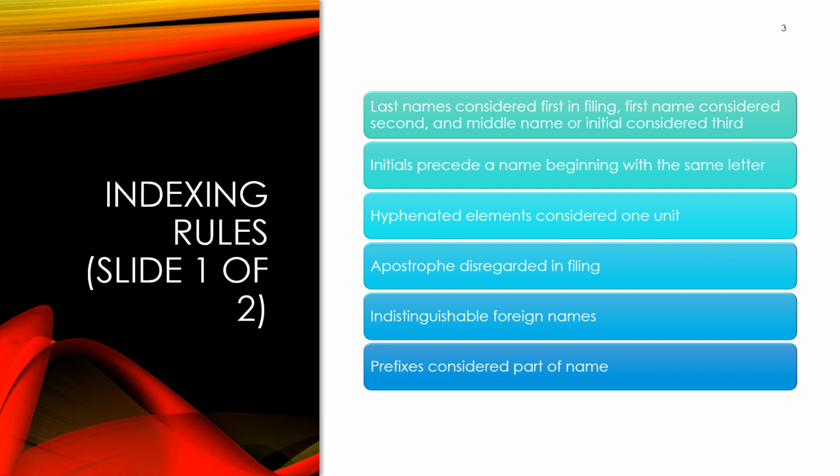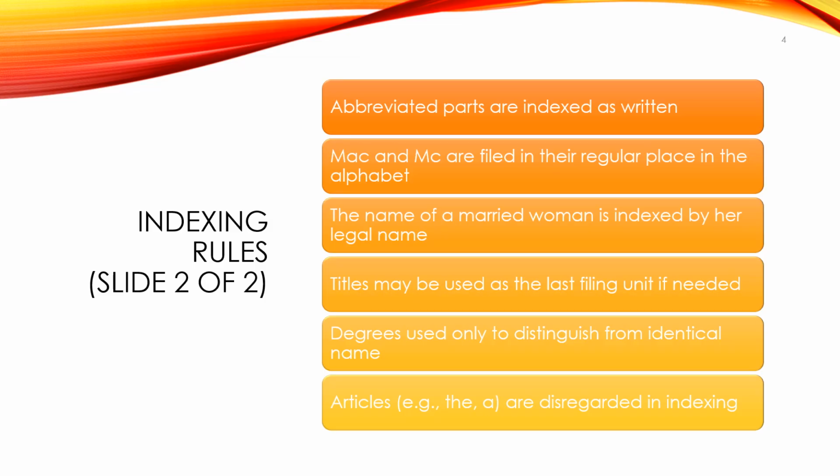If a person has a prefix in their name, it is considered part of their name. So McDonald's, okay? Mc is considered part of the name. Don't ignore it. A few more rules: abbreviations are indexed as if they were written out fully.